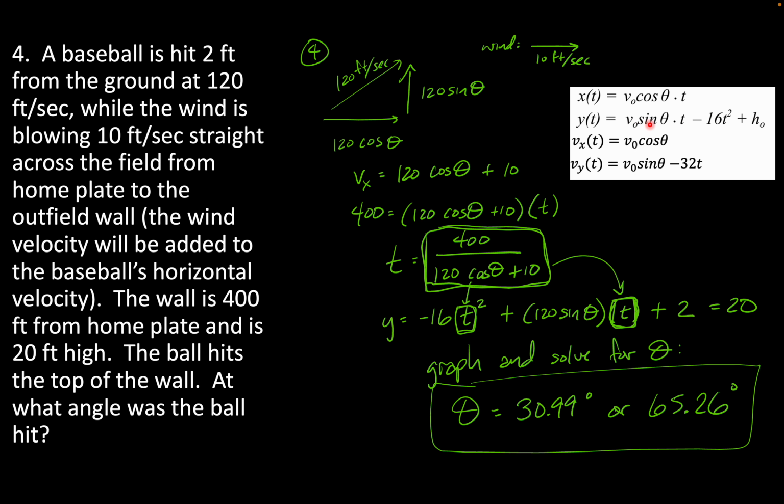So here is me plugging in the v0 sine theta t. This is my v0 multiplied by the time that we evaluated earlier. Subtract 16t squared. That's this term. Again, I can plug in for time what I already figured out. Add extra initial velocity, so that's the plus 2, equals 20.